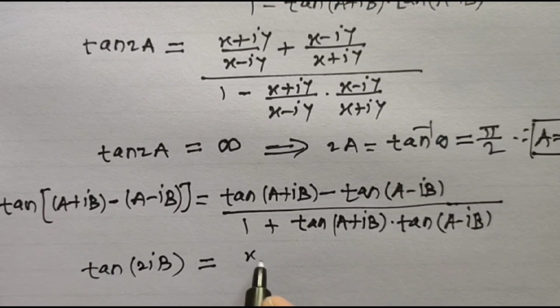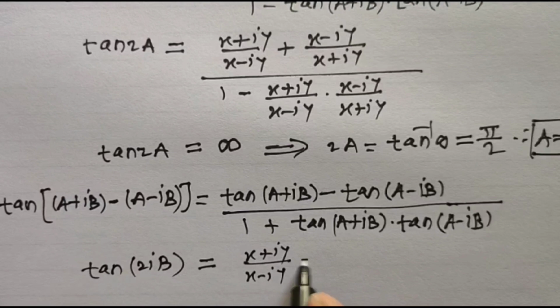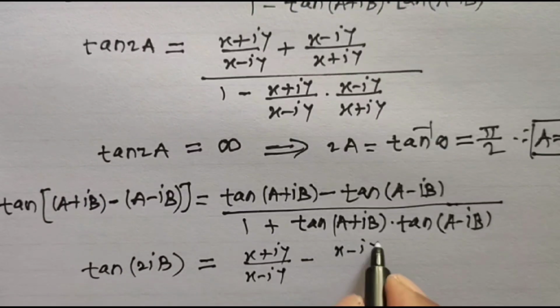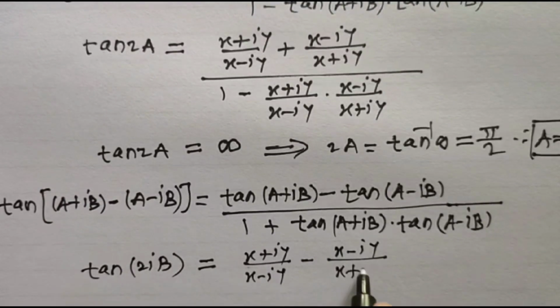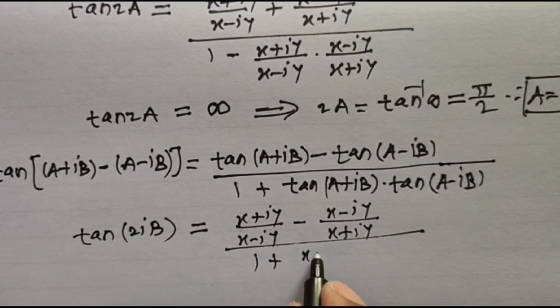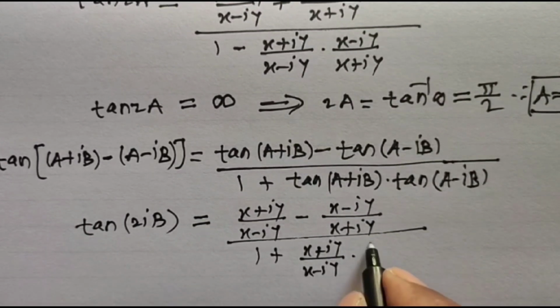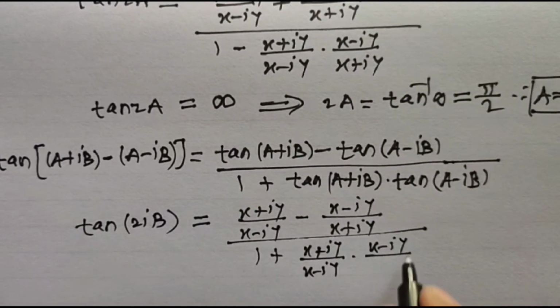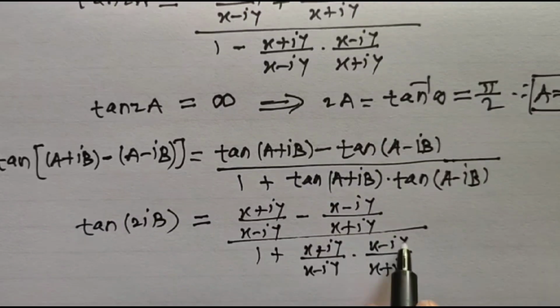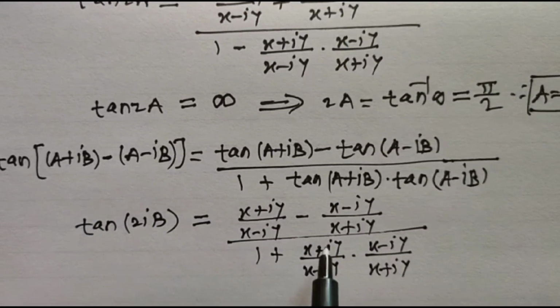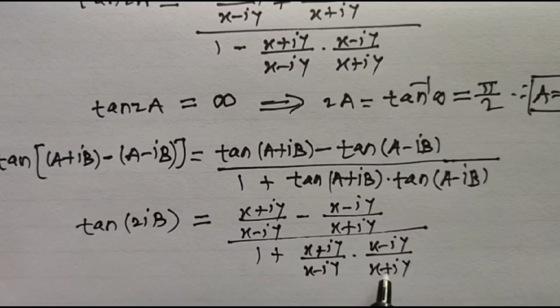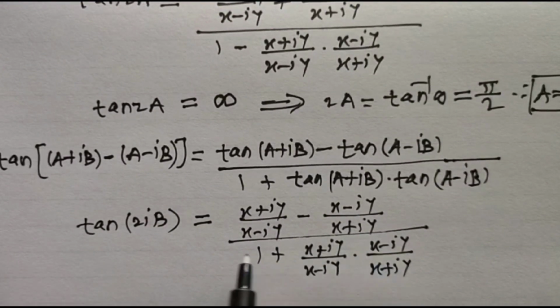side x plus iy divided by x minus iy minus x minus iy divided by x plus iy, and the whole divided by 1 plus x plus iy divided by x minus iy into x minus iy divided by x plus iy. X minus iy gets cancelled, x plus iy also gets cancelled, so 1 plus 1 is equal to 2.